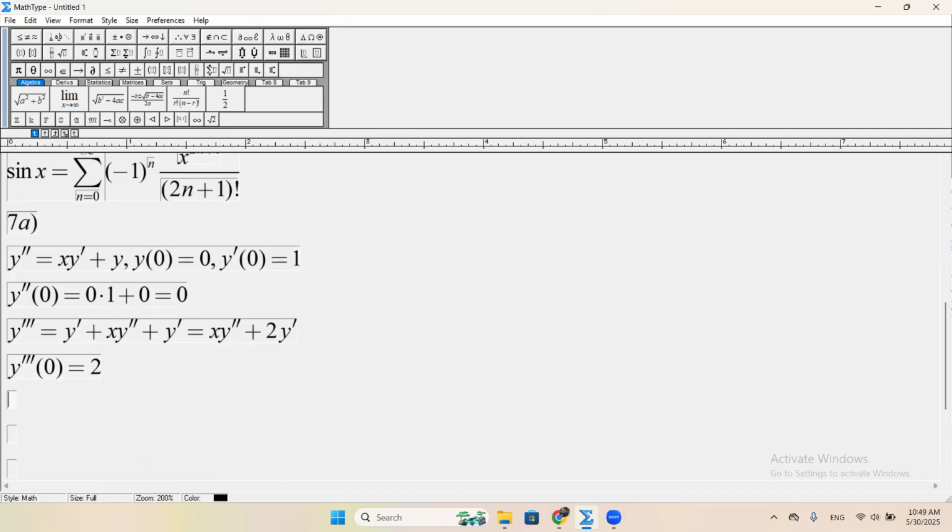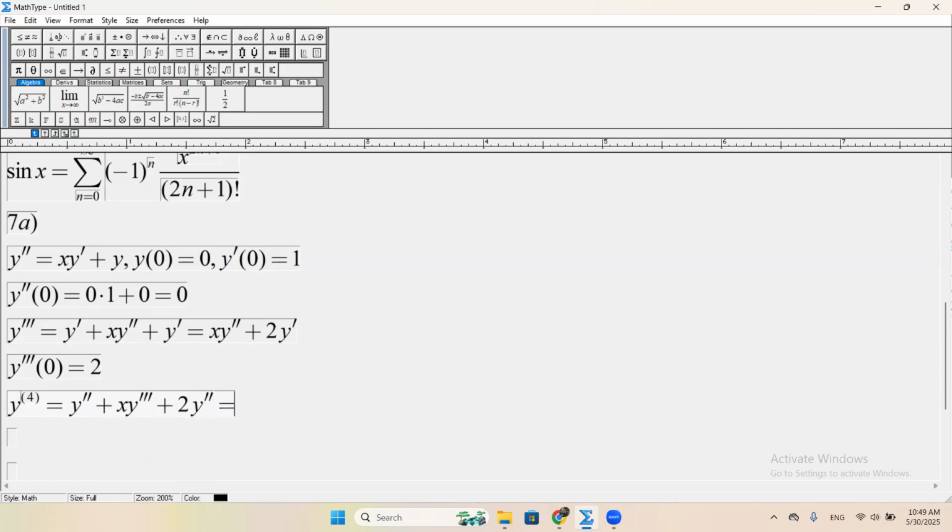Let's move to the fourth derivative. Let's calculate it. So again, differentiating this equation: y double prime plus xy triple prime plus 2y double prime.